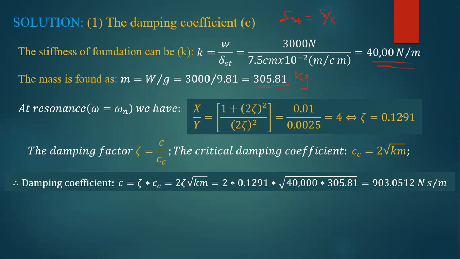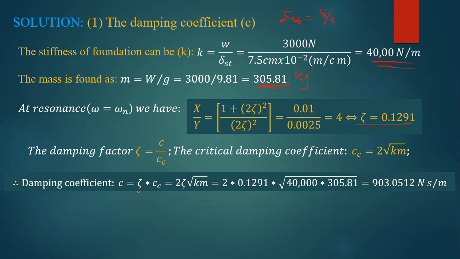So we can get zeta. Solving this equation, the zeta value is 0.1291. The damping factor zeta is equal to C over Cc, and Cc is equal to 2 root K m.